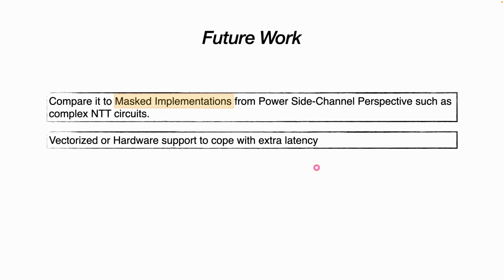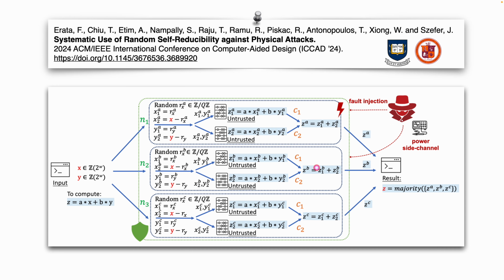Our future work is to compare our method to masked implementations from the power side channel literature, such that we want to compare against masked NTT circuits with our protection, and then compare the latency. Also, we want to investigate the possibility of vectorized and hardware support to cope with the extra latency that our countermeasure introduces. So thank you for your time and attention. I'm happy to answer any questions you might have.